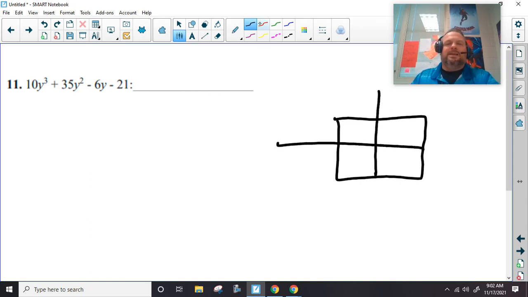Okay. Now, we have the first method, which is grouping. Okay. Now, remember, when you do the grouping, you have to grab that negative right there. All right.